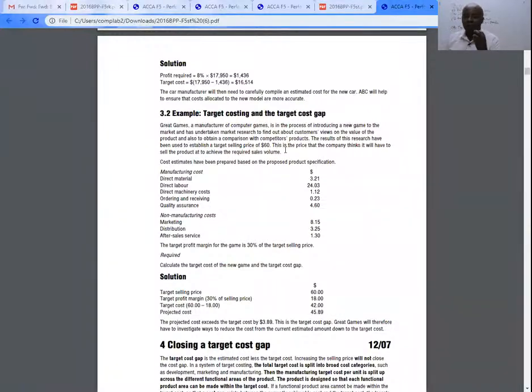So you can see they have given you a target selling price of $60. This is the price that the company thinks it will have to sell the product at to achieve the required sales volume.